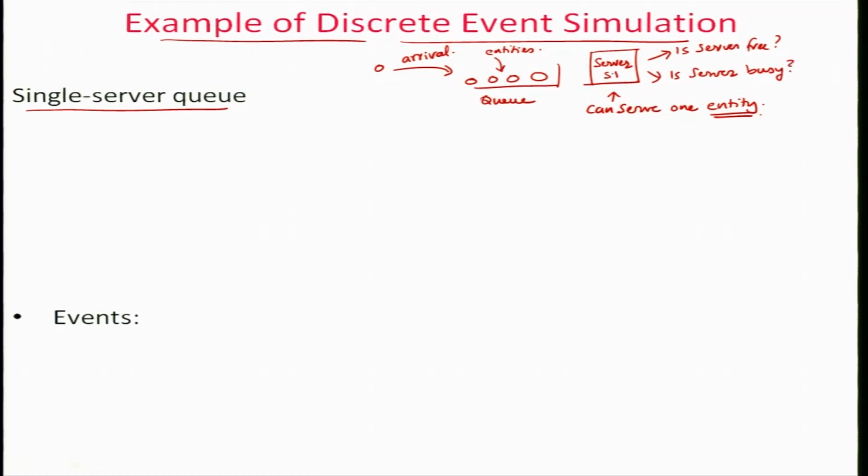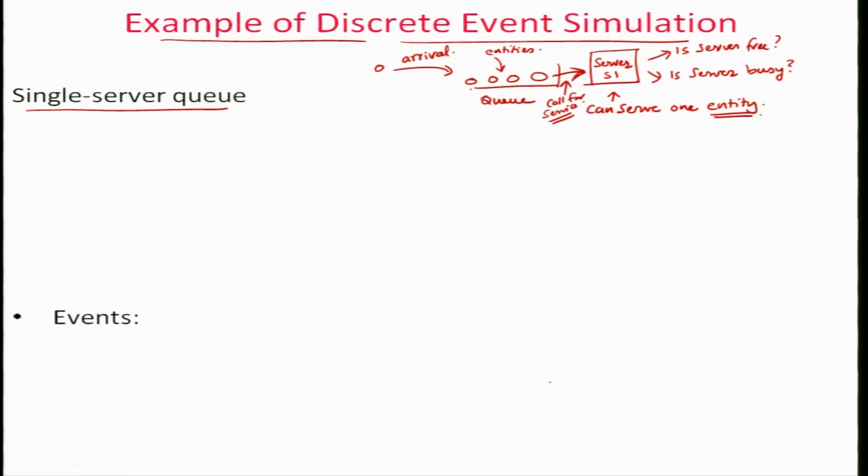If the server is free, then immediately go get served. If the server is not free, then join the queue and wait in the queue, and when your turn comes, you will be pulled from the queue. So, this is the call for service. This is one of the most simple systems that you can see.